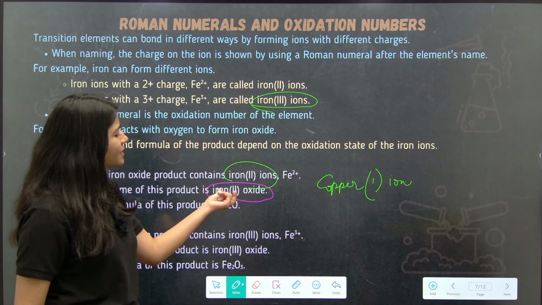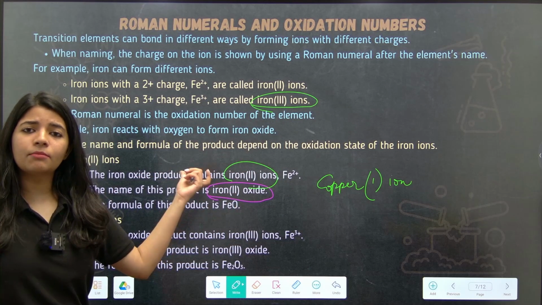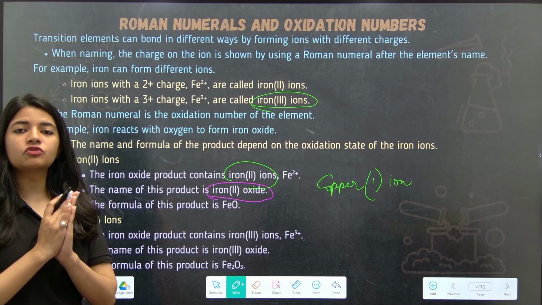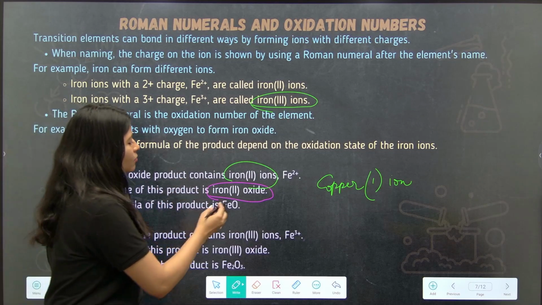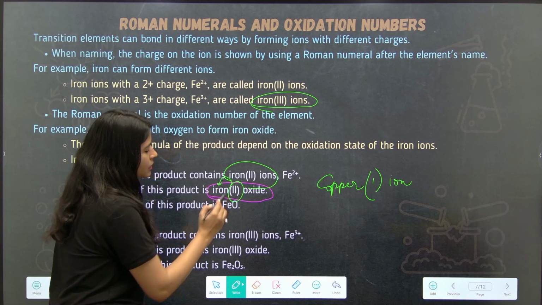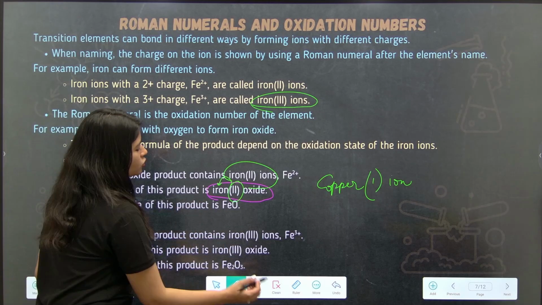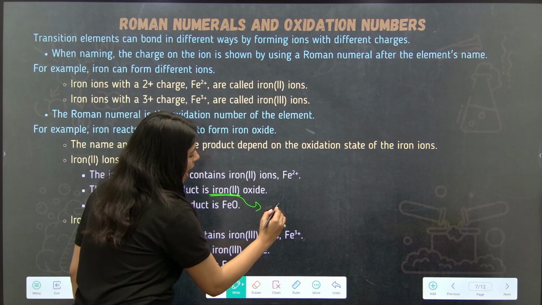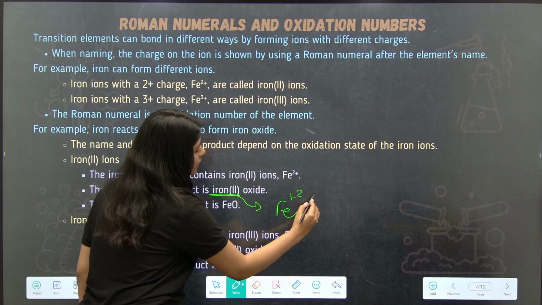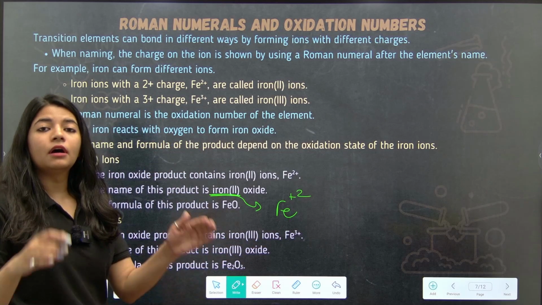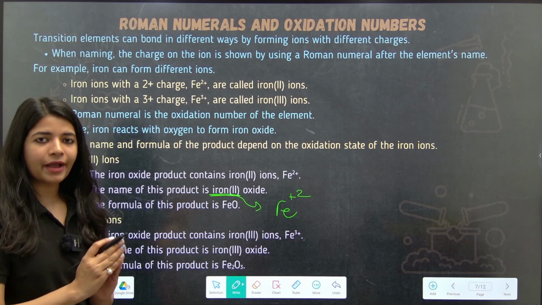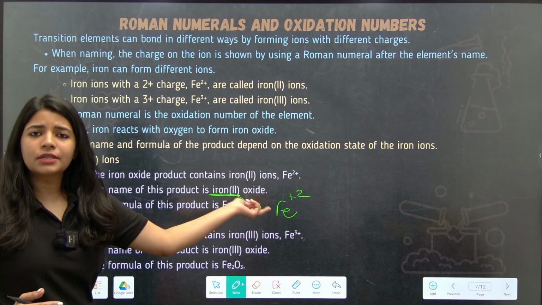Now what does this Roman numeral actually mean? The Roman numeral written in the bracket is nothing but the oxidation state.